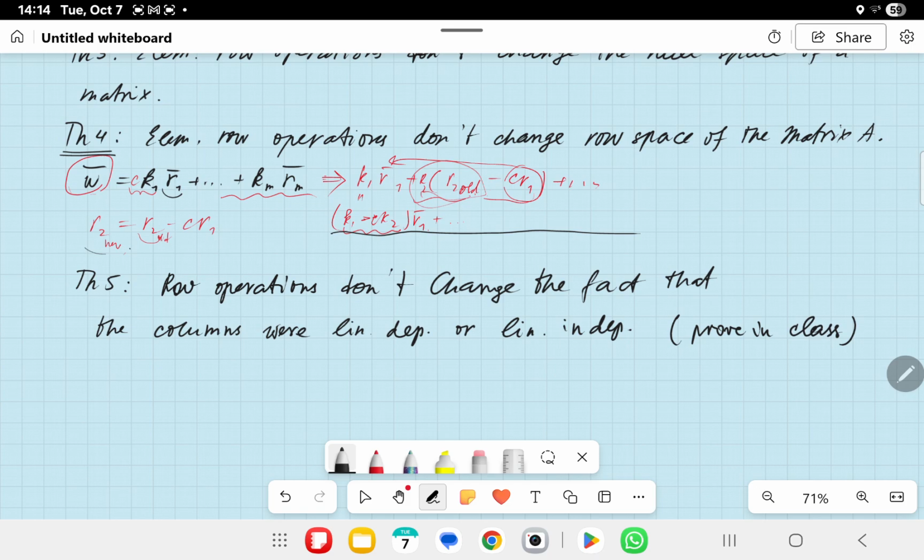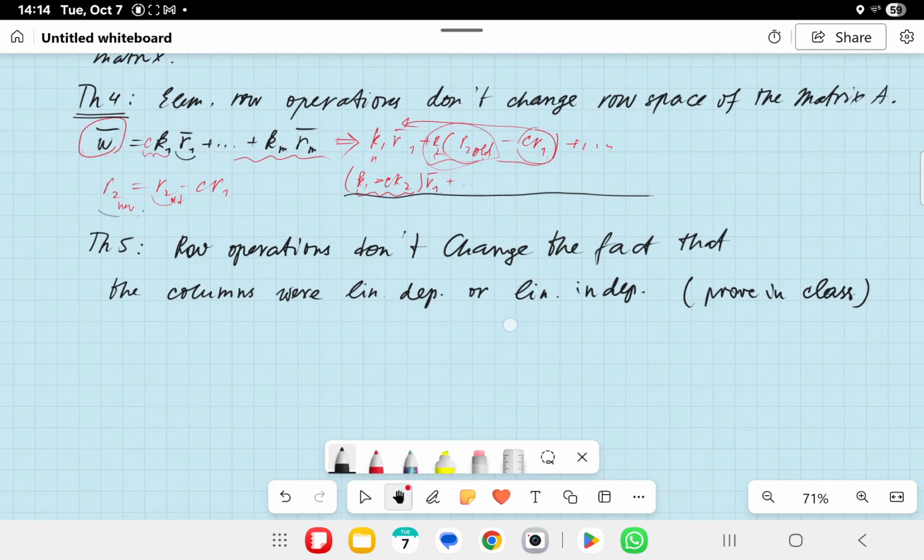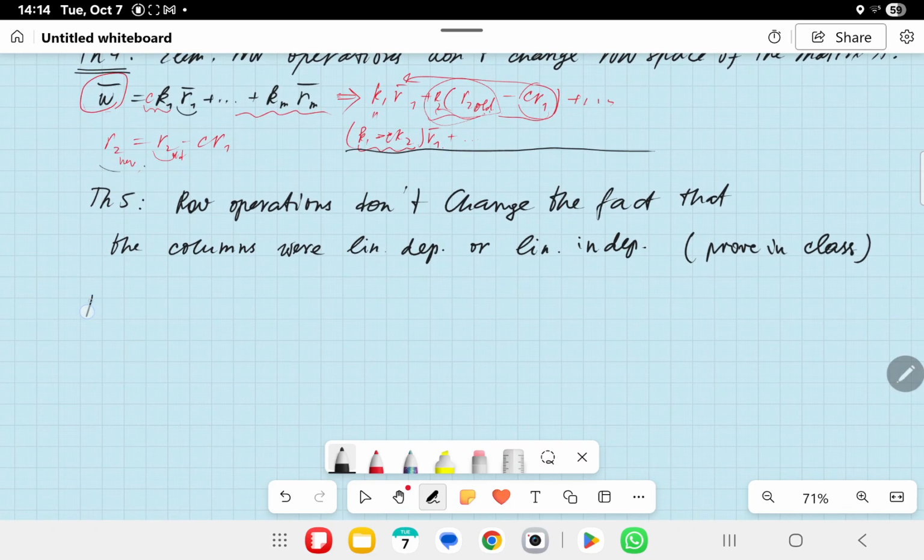Now the last theorem here, which is going to help us find the basis for row spaces and column spaces.